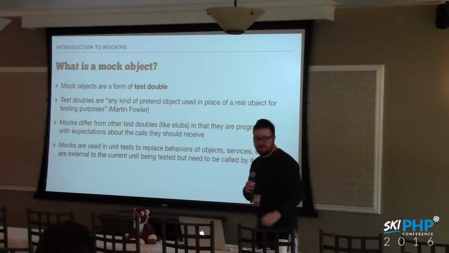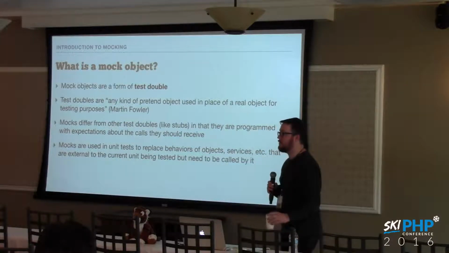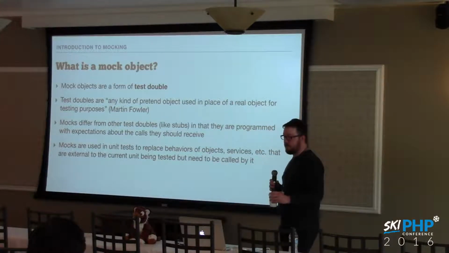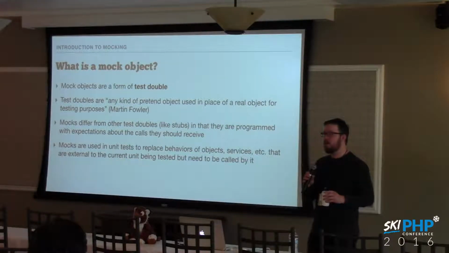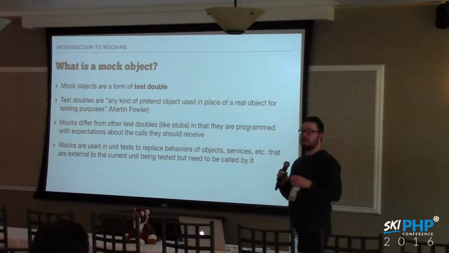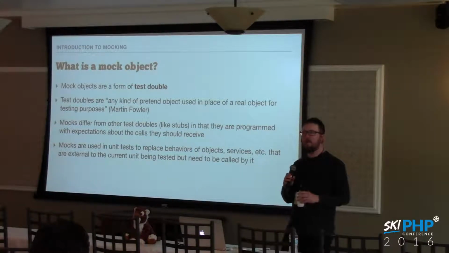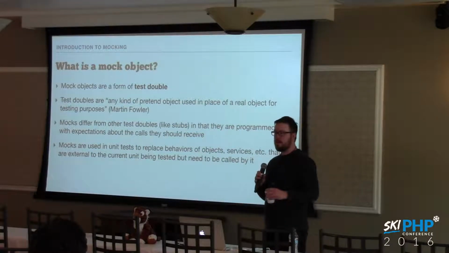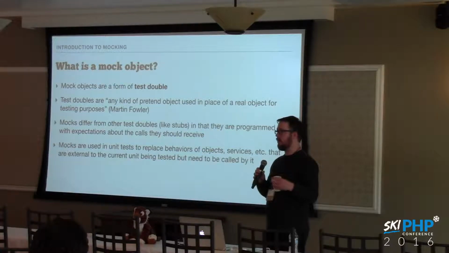Mocks are used in unit tests to replace a behavior of an object, or a service, for example, that are external to the current unit being tested. So when you test a unit, you don't want it to make all these calls to the database. You don't want it to call an external service. You really only want to test the code that's in that unit. And when I say unit, I mean like the code within a method on a class, right?